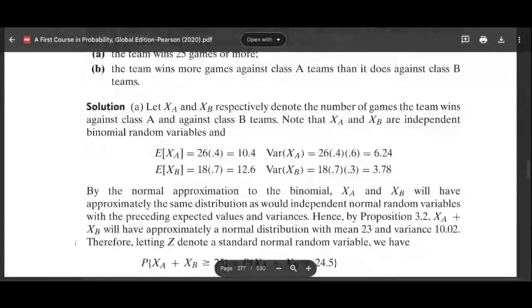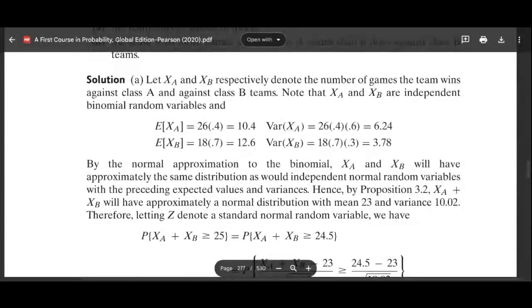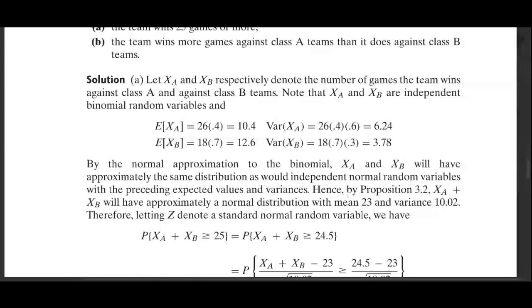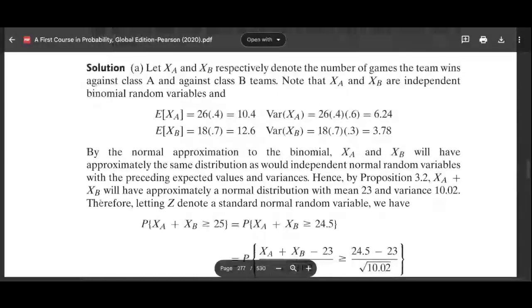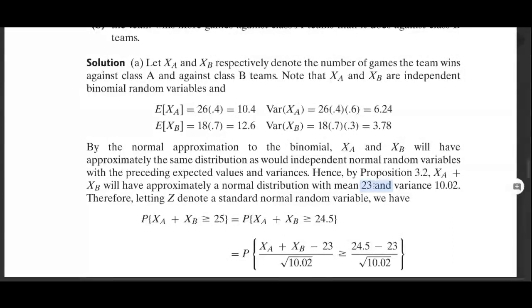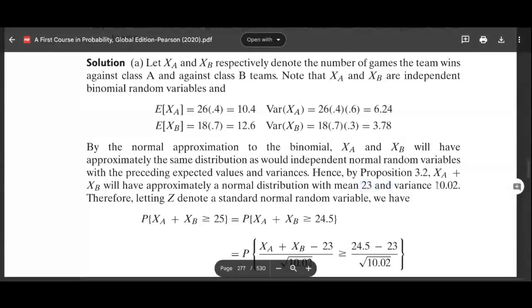By the normal approximation to the binomial, XA and XB will have approximately the same distribution as independent normal random variables with the preceding expected values and variances. So by proposition 3.2, the sum of those two will have approximately a normal distribution with mean 23 and variance 10.02.